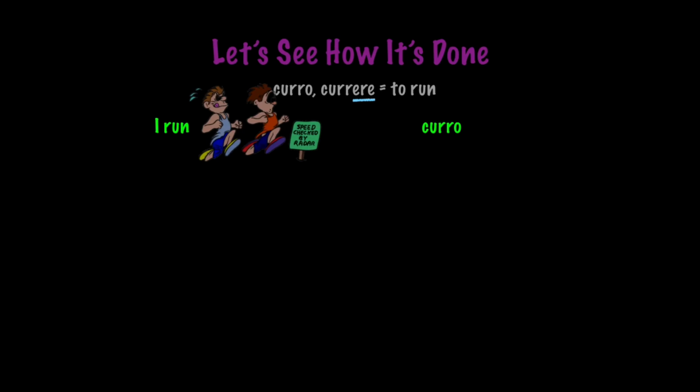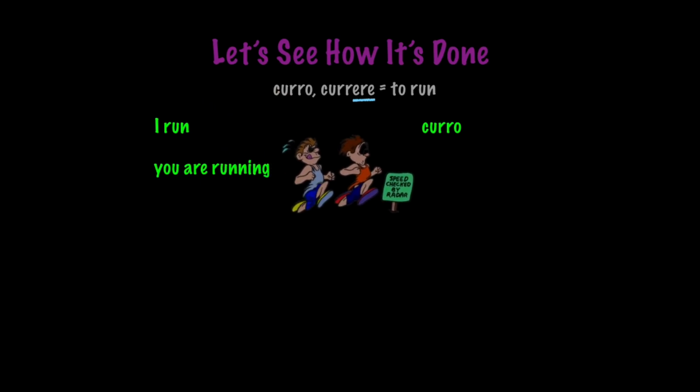Now, let's go on and try to write a new verb phrase. This time, we're going to write the phrase, you are running. I begin by writing the base of my verb, CURR.